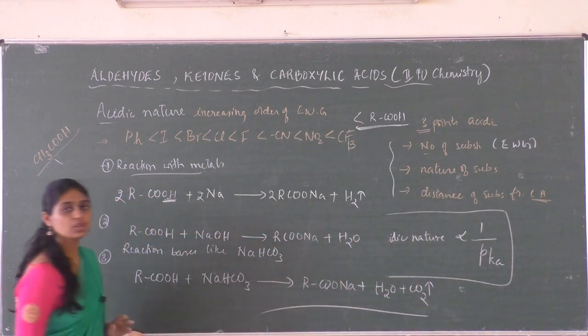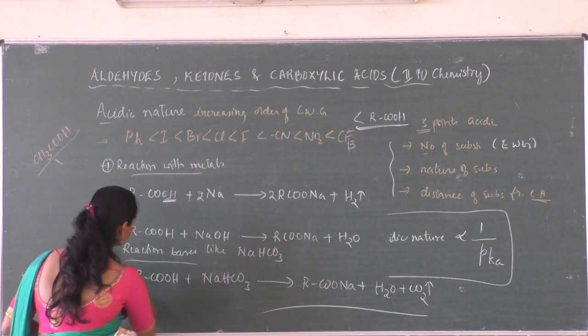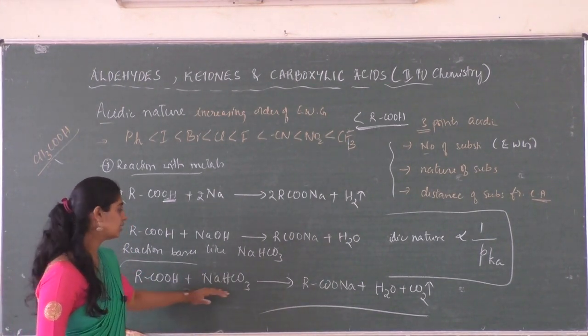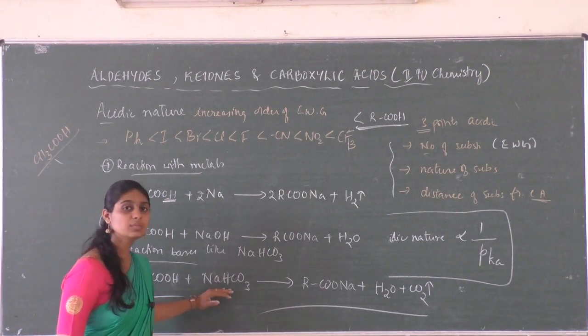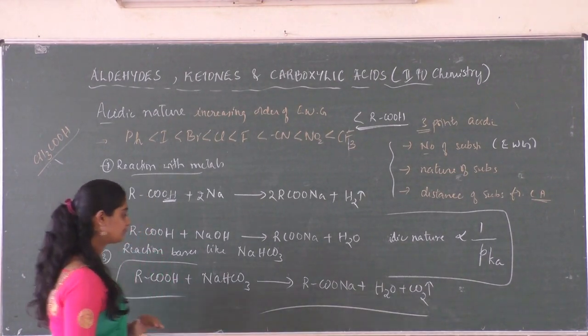This test is not answered by alcohol or phenol, only by carboxylic acid. So the treatment with sodium bicarbonate is used as a test to detect the presence of carboxylic acid in the given organic compounds.